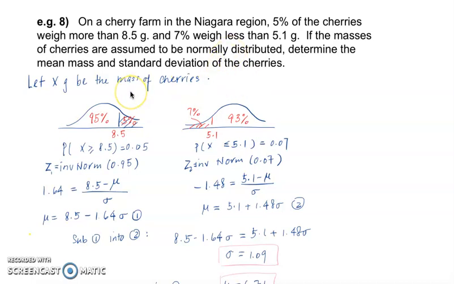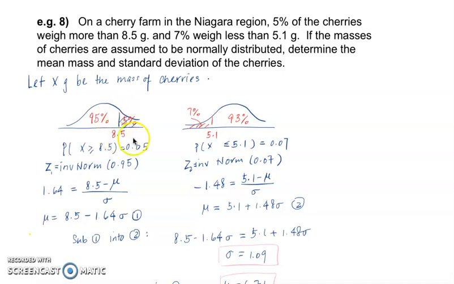But what we can do is take a sketch, look at the sketch, and see what kind of hints we can draw from the sketches. So the first statement tells us that under the same probability distribution, if the cherries weigh more than 8.5 grams, it's going to be only the top 5%.